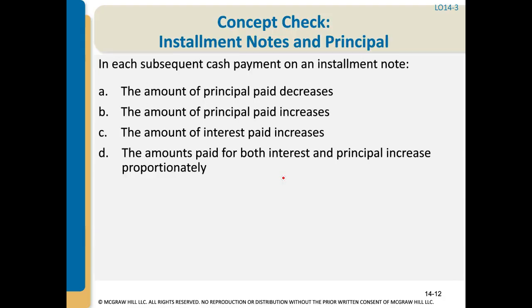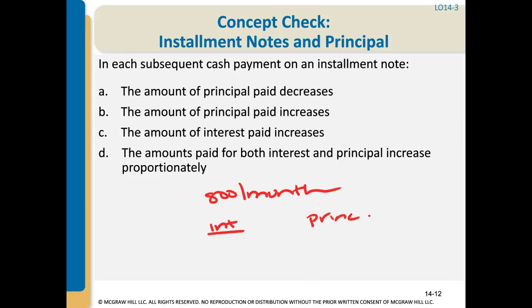In each subsequent cash payment on an installment note, which one of the following is true? The amount of principal paid decreases, the amount of principal paid increases, the amount of interest paid increases, or the amount paid for both interest and principal increase proportionally. So this is what I was talking about when you have, let's say, your $800 a month payment for your car, and the split between interest and principal.